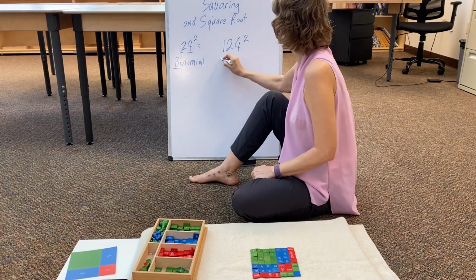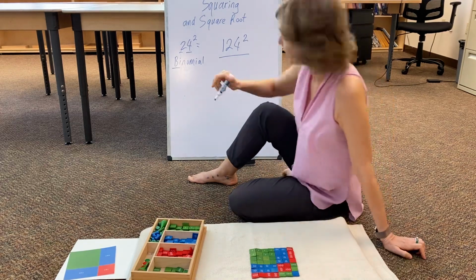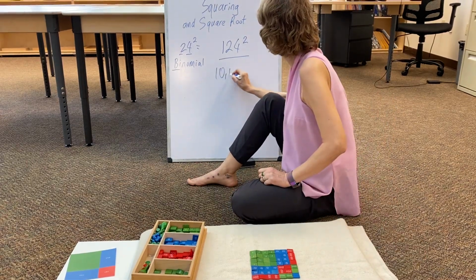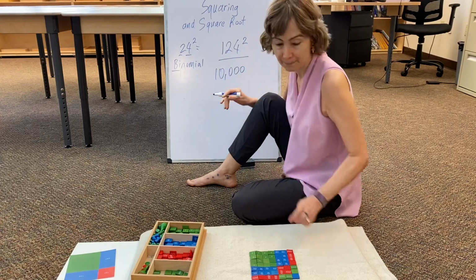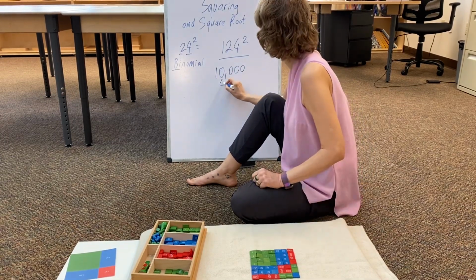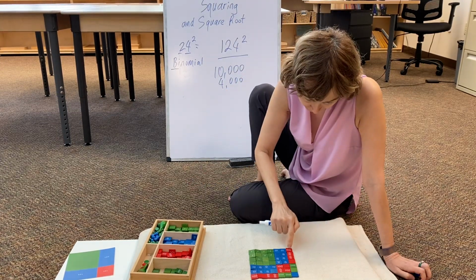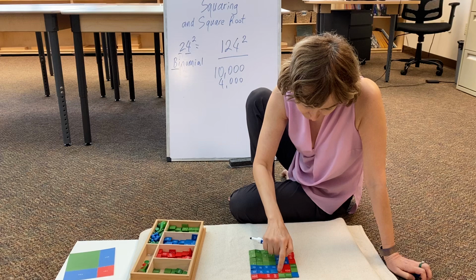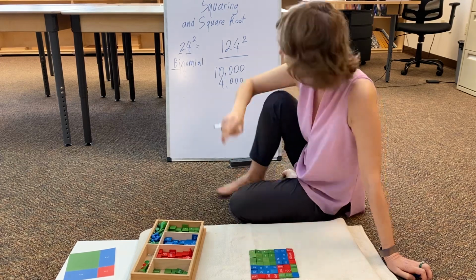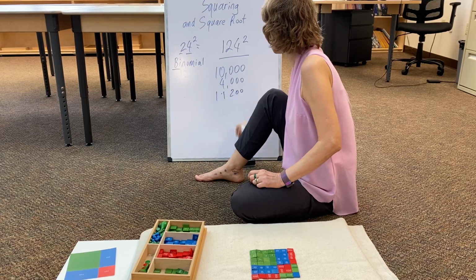124 squared, trinomial. So how many 10,000s do I have? 10,000, I have 1. How many thousands? I have 4. And how many hundreds? 1, 2, 3, 4, 5, 6, 7, 8, 9, 10, 11, 12. 1,200.